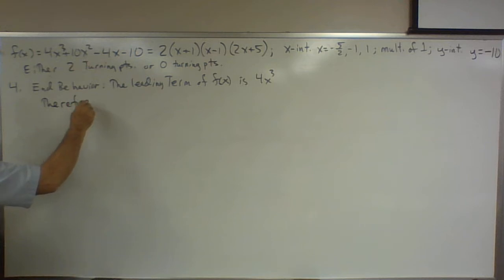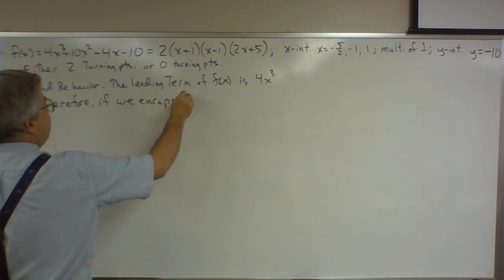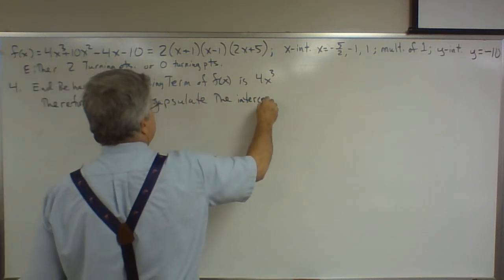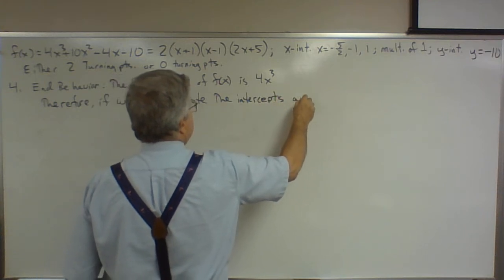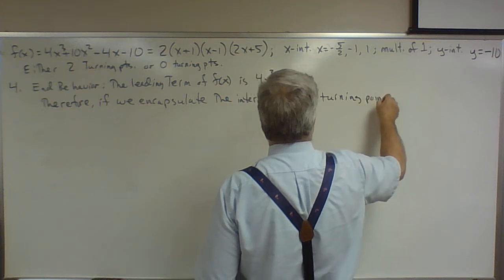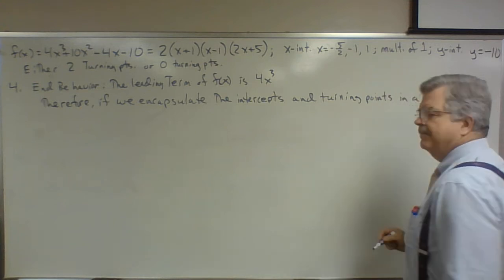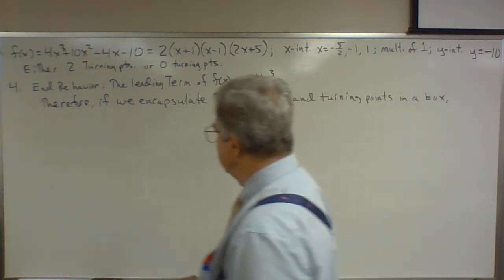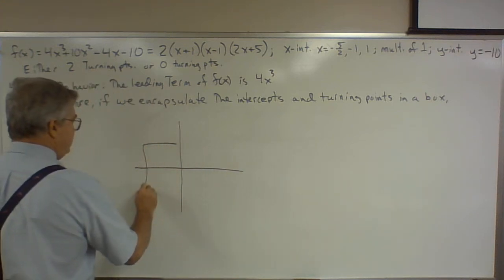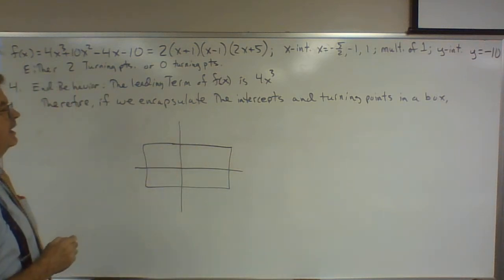Therefore, if we encapsulate the intercepts and turning points in a box, so we're going to take all of our intercepts and all of our turning points and encapsulate them in some sort of black box.